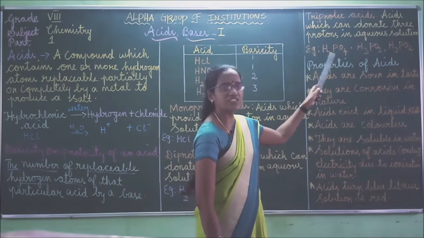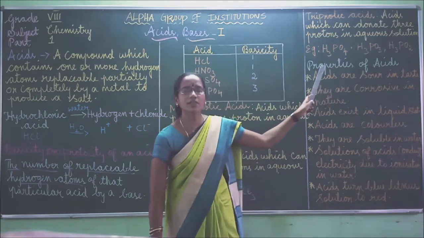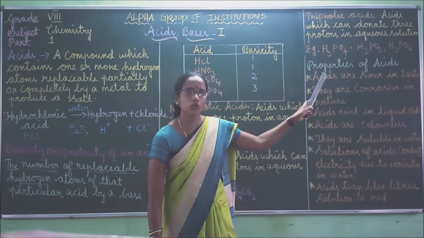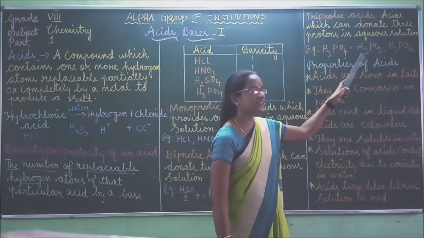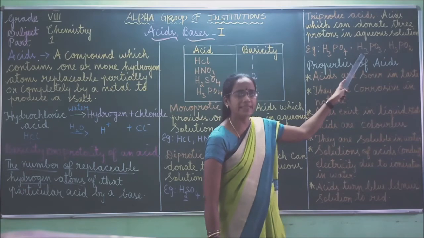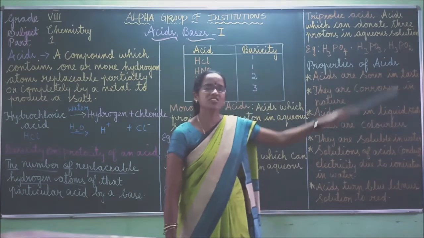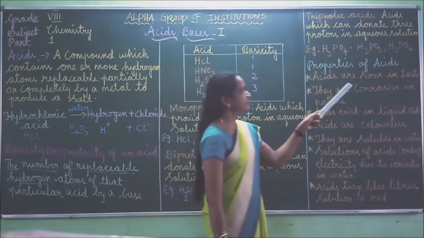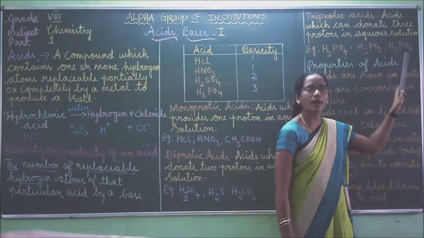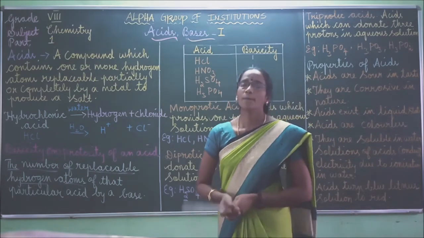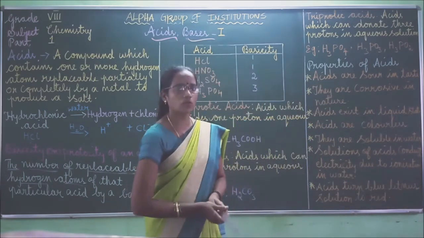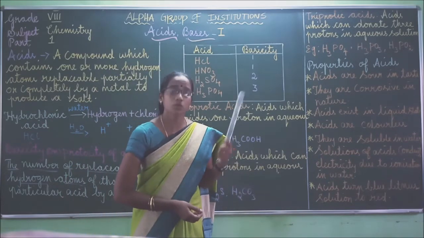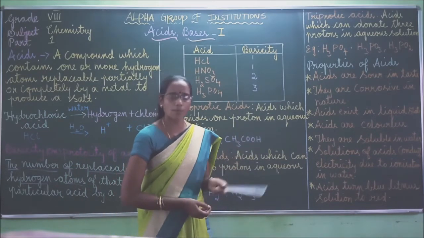For example, H3PO4, it is orthophosphoric acid. H3PO3 is phosphorus acid, whereas H3PO2 is pyrophosphorus acid. So these formulas are very important. Also, you should write the name of each compound, right?